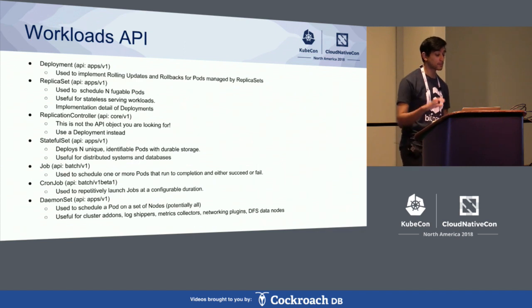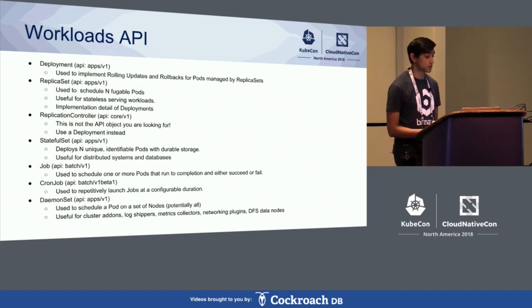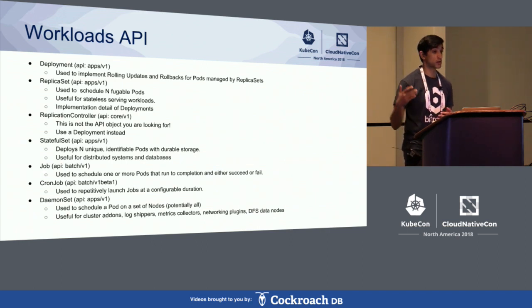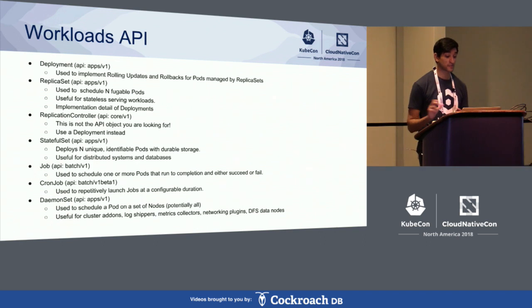And then in the batch API, we also own jobs and cron jobs. Jobs are basically used, similar to deployments, as a way to run a set of pods at a time. But the main difference is that those pods will run to completion.